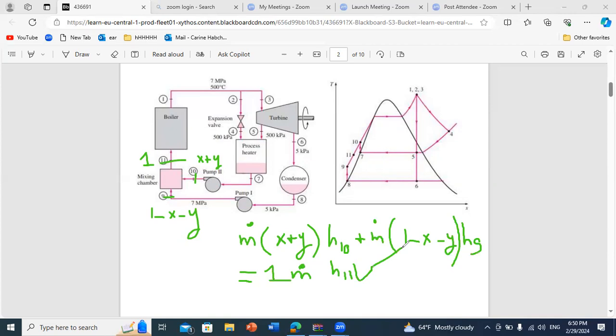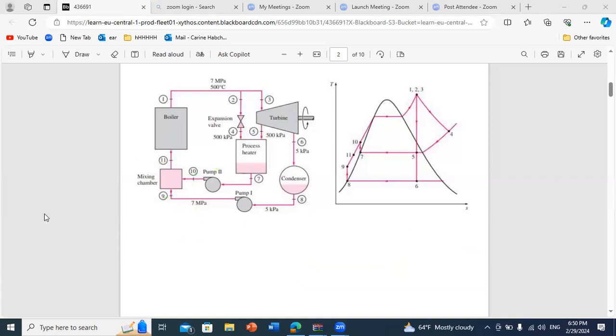I have Q dot boiler. I have the amount of Q dot process heat. I have W dot net. So my utilization factor will be equal to, as we discussed, W dot net, which is W dot turbine 1 plus W dot turbine 2 minus W dot pump 1 minus W dot pump 2.